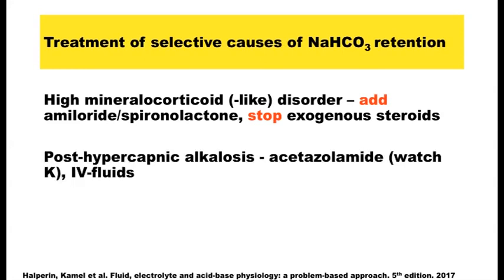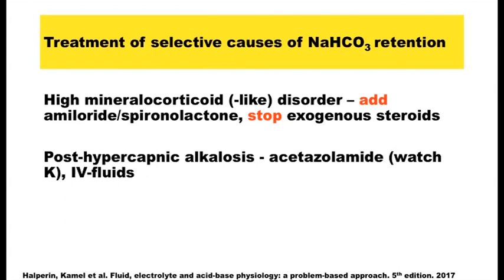And as I've alluded to previously, patients with chronic lung disease who have CO2 retention may have so-called post-hypercapnic metabolic alkalosis, and this may result in problems with extubation because of hypoventilation, along with the hypokalemia, which causes respiratory muscle weakness.